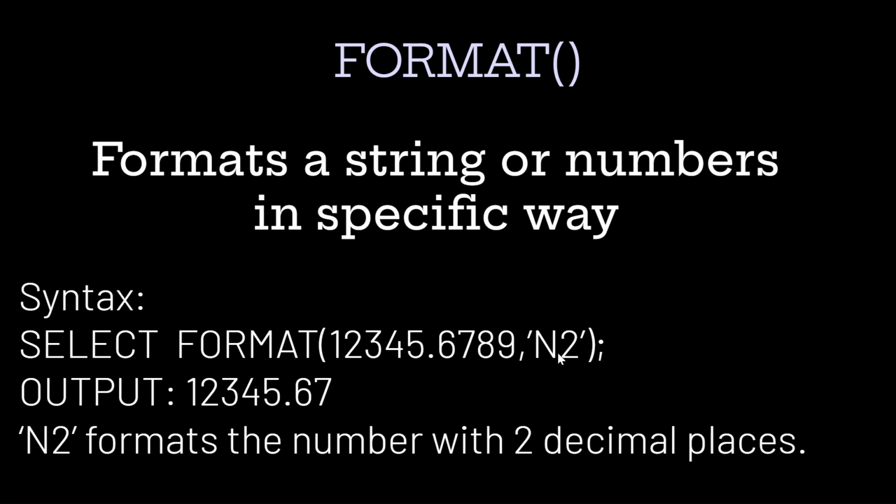What N2 does is it formats the number with 2 decimal places only. So the output is 12345.67. Here 89 is vanished, right? I hope this helps.